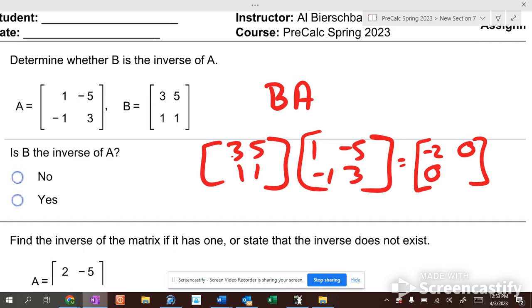They add up to 0. Then 1 times negative 5 is negative 5. And 1 times 3 is 3, which is negative 2.